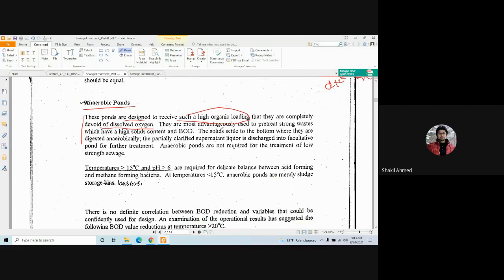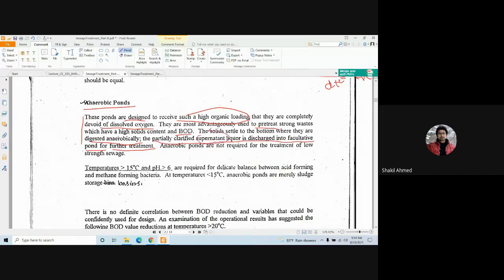They are most advantageously used to pre-treat strong wastes which have high solid contents and BOD. The solids settle down to the bottom where they are digested anaerobically. The partially clarified supernatant liquor is discharged into the facultative pond for further treatment.